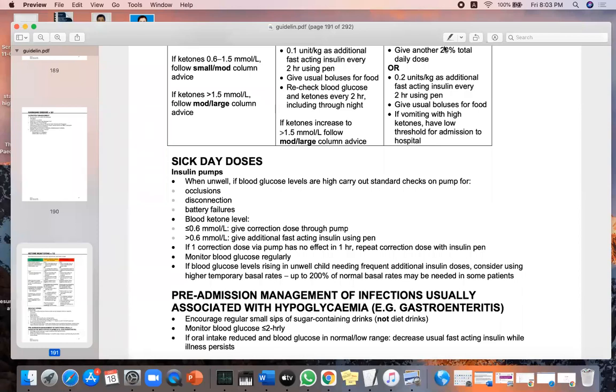And a diabetic patient also has a diabetic kit. Now, can anyone tell us what you mean by diabetic kit?